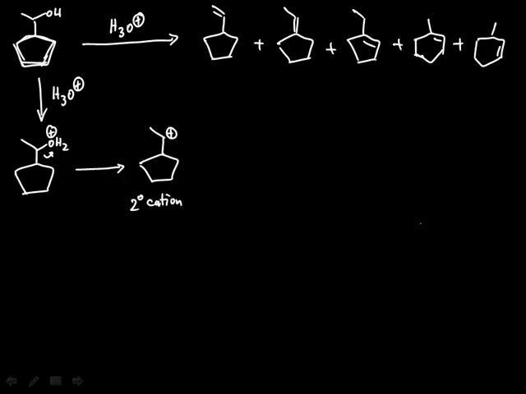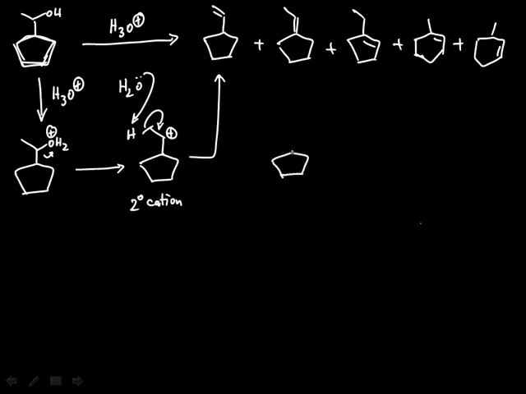Now, once we have this secondary cation, there are several reactions that we're already familiar with that utilize secondary cations. One of them would be elimination, where another molecule of water, the one that just left, can abstract this hydrogen and form this double bond to give us the first of the provided products.